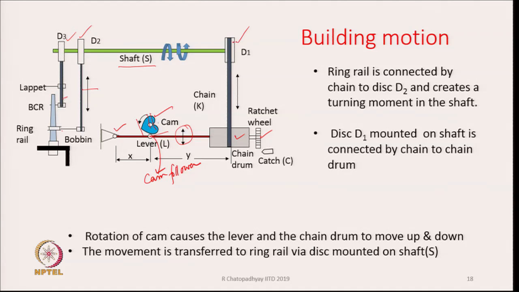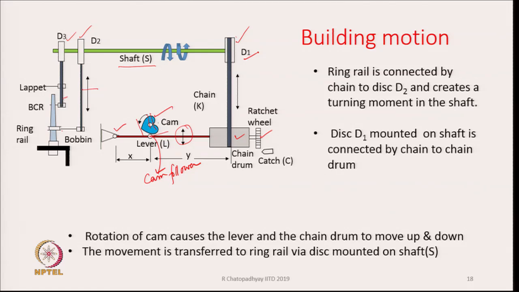The chain is wrapped over a drum which is D1. As a result, the drum D1 is going to rotate in clockwise and anti-clockwise directions, because the chain drum is going down sometimes and moving up sometimes.